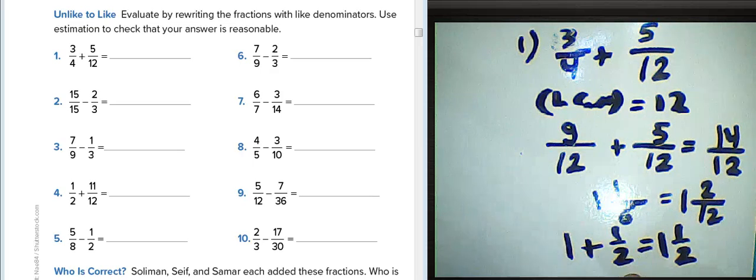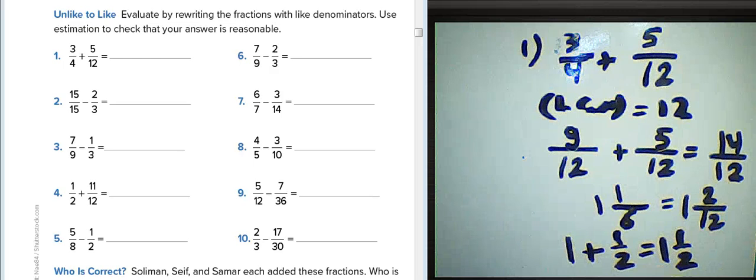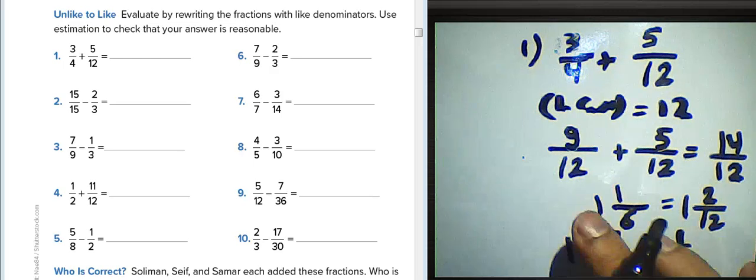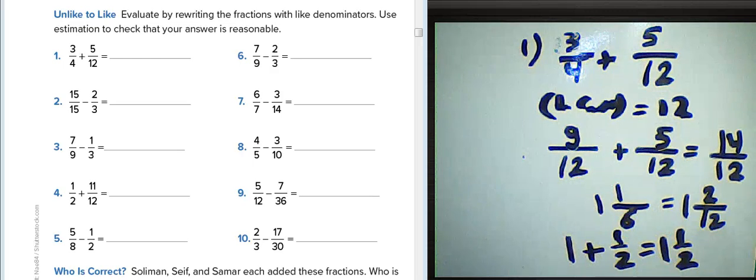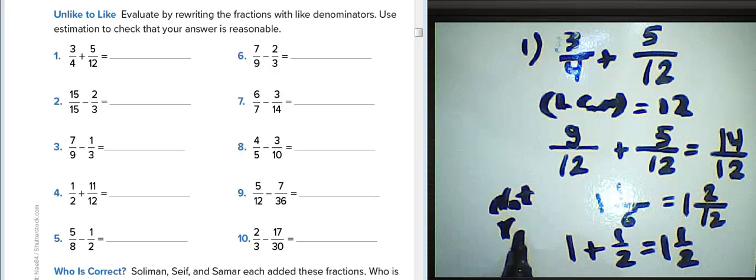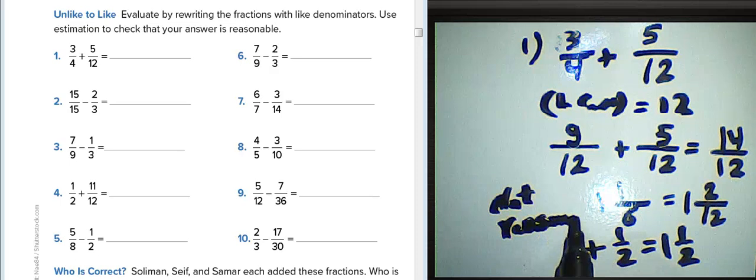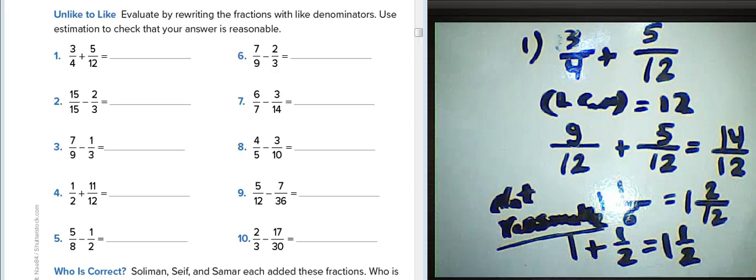This result, 1 and 1 over 6, and 1 and 1 over 2, not reasonable, because 1 and 1 over 6 is nearest to 1, and 1 and a half is nearest to 2. So this number is not reasonable. Not reasonable, okay?